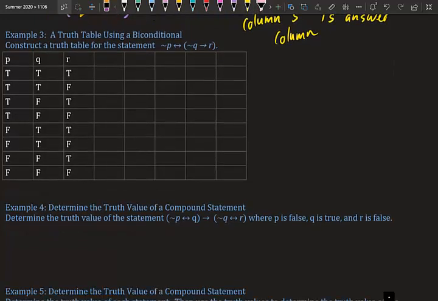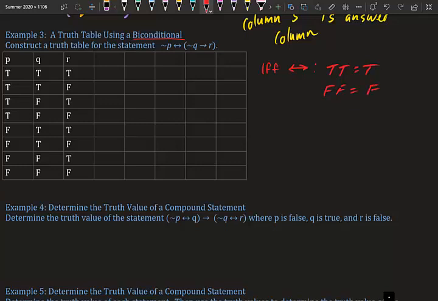Now we're talking about biconditional statements. So biconditional statements are if and only if. So for if and only if, it's awesome. It actually has a really neat pattern that's easy to remember. Let me see if you can see it on your own.